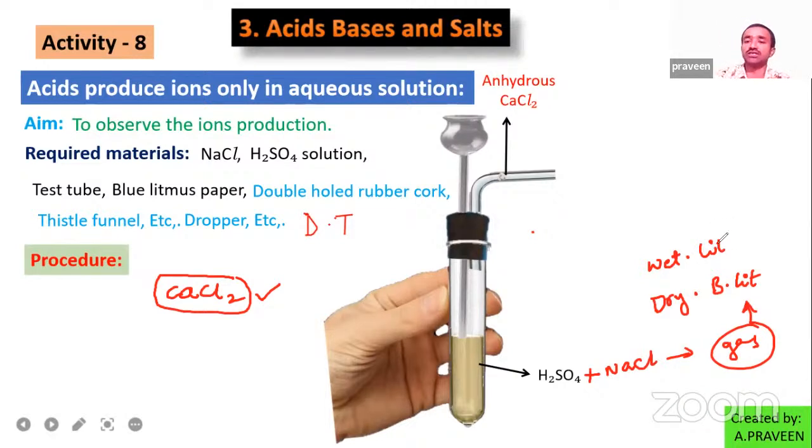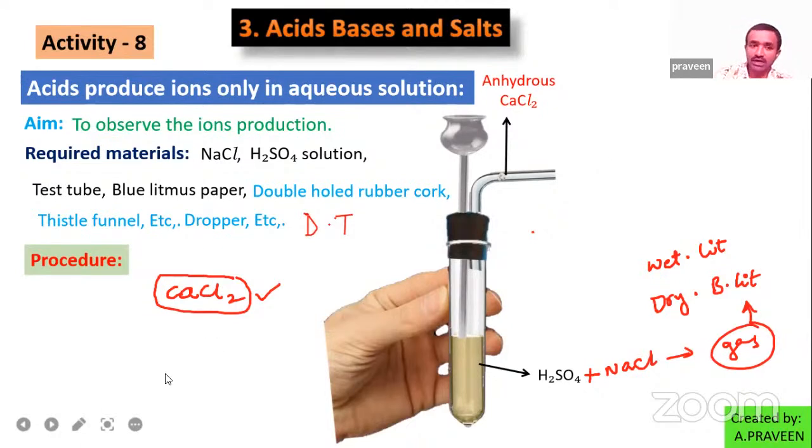You have to observe carefully. So before dropping the NaCl, you have to get ready with the dry litmus paper and wet litmus paper, only one color, that is blue litmus paper: dry blue litmus and wet blue litmus.